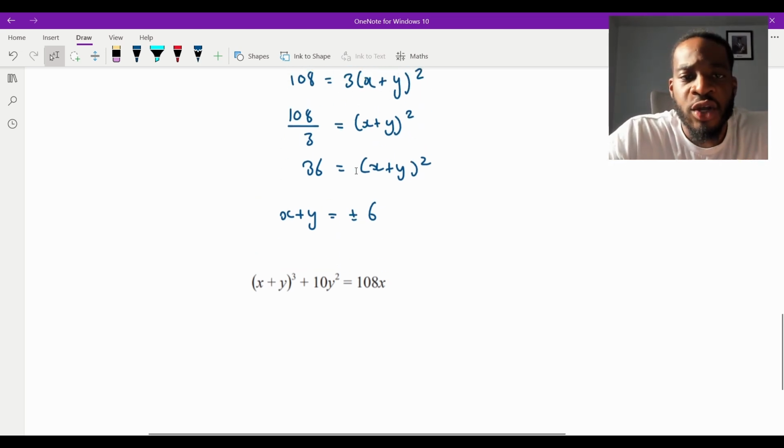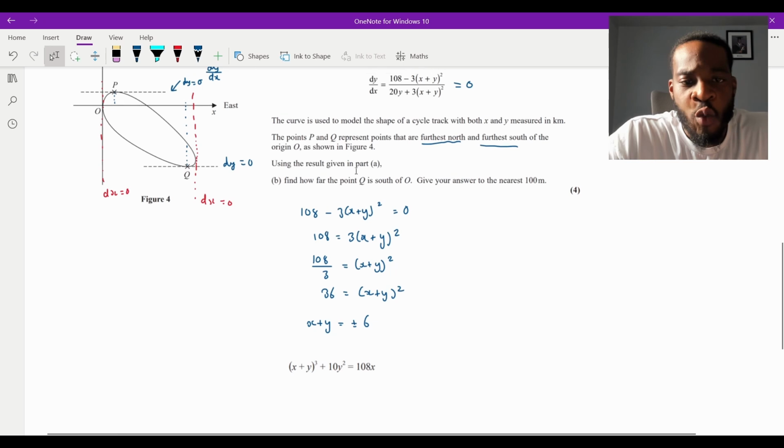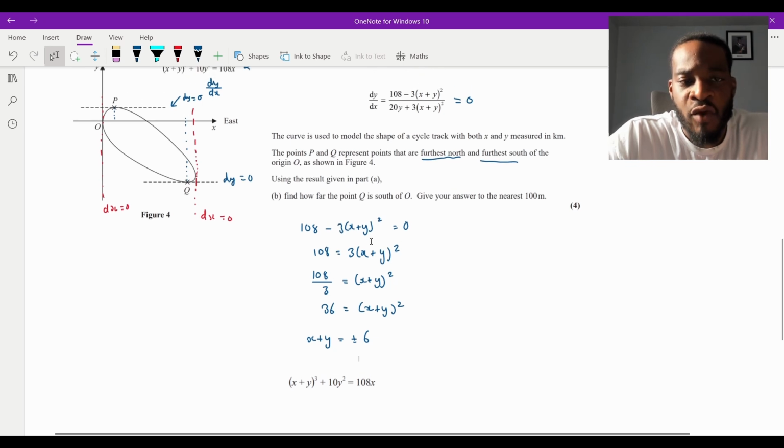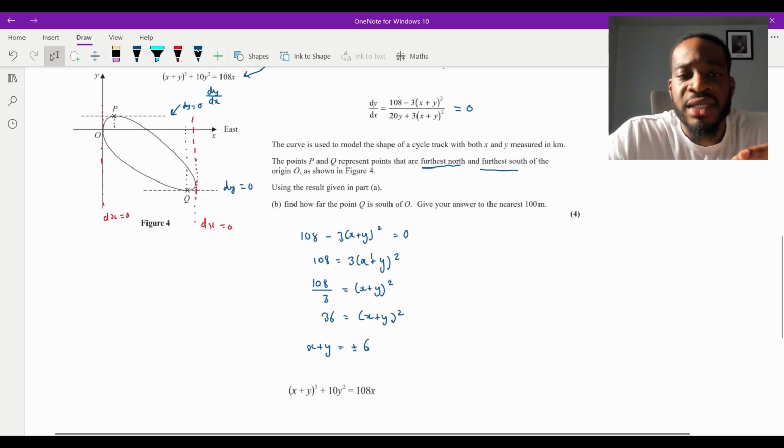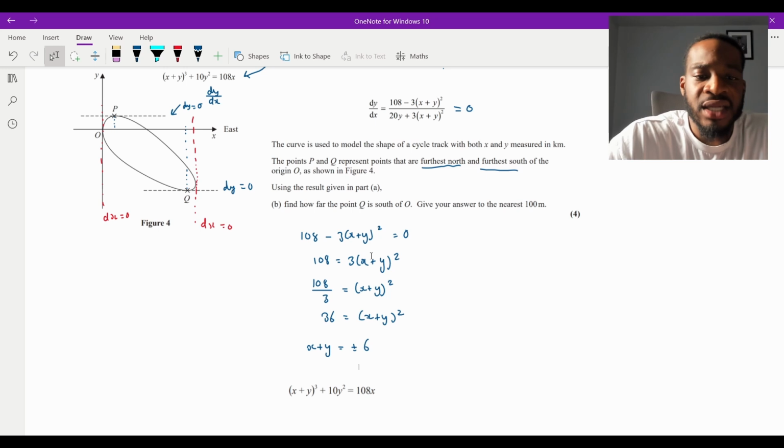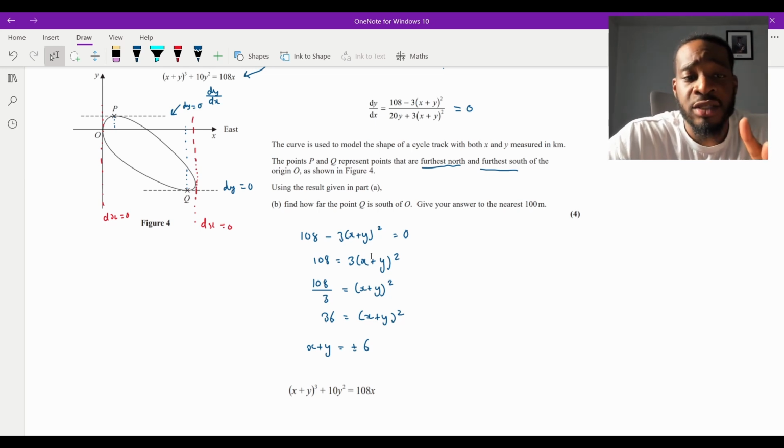Well, if we are solving these simultaneously, then we know that each of them is going to give me a pair of coordinates, because it's a quadratic simultaneous equation. So if I was to try both of them, one of them is not going to work in the context of this question, due to the fact that we have 2 pairs. If both of them would work, then I would have 4 pairs, but that doesn't make sense because we only have 2 pairs of coordinates that we're looking for, P and Q.